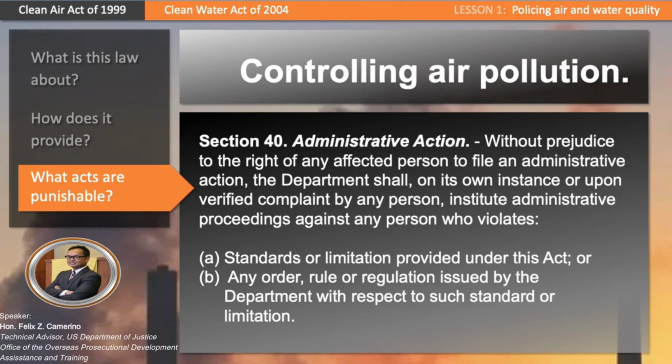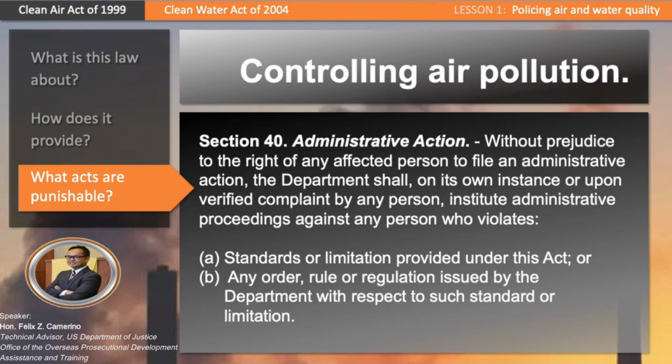There are instances where criminal cases may be filed, but there are exceptions. We'll talk a little bit about that when we talk about the quasi-judicial body where these administrative cases are filed. The first paragraph also talks about who can institute these administrative cases.